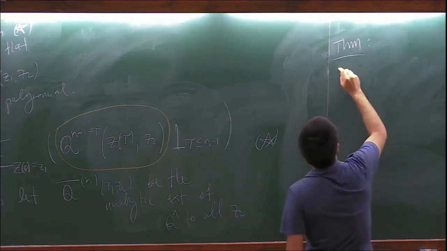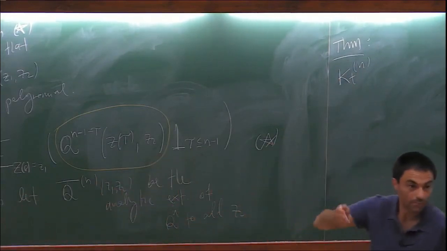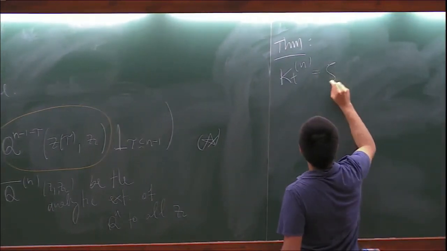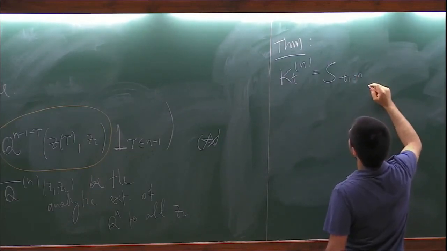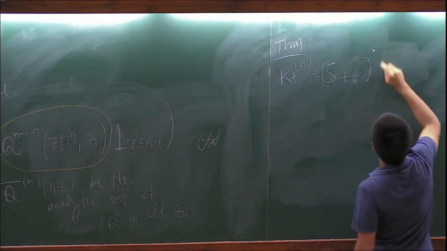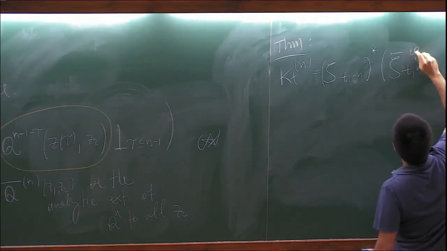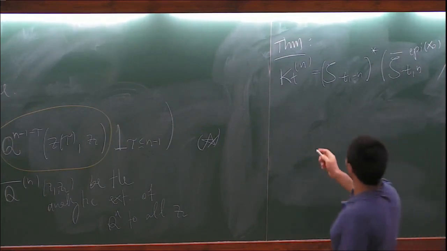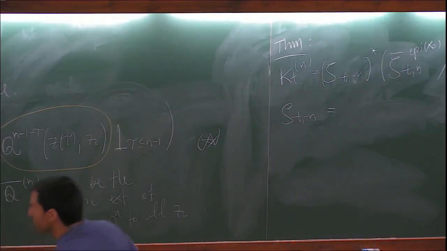So the theorem says the following. It says that K Tn, the kernel that I'm looking for this whole time, equals, I'm going to write it as this, using the notation in the notes, the product of two operators where S minus T minus N equals, this is the easy part.